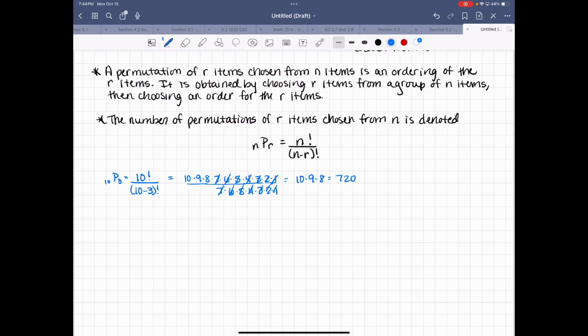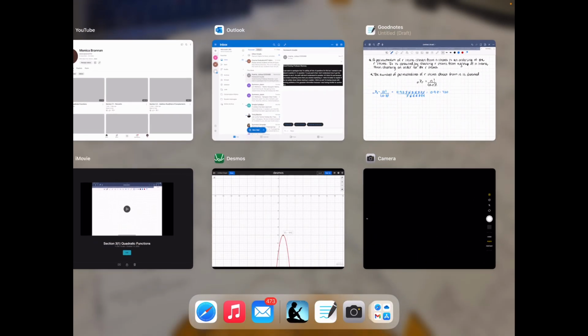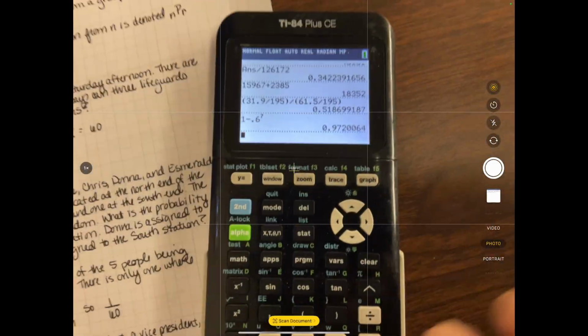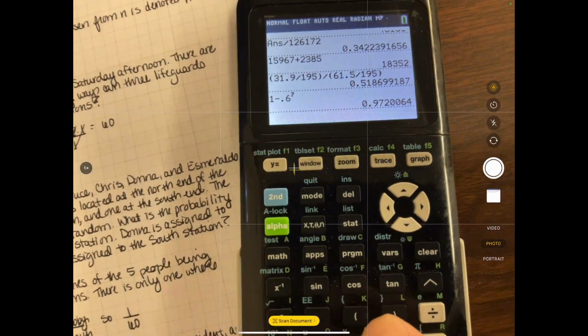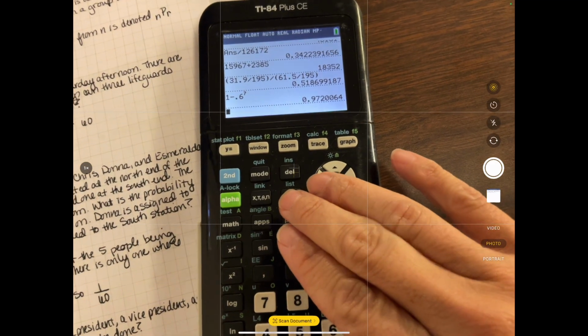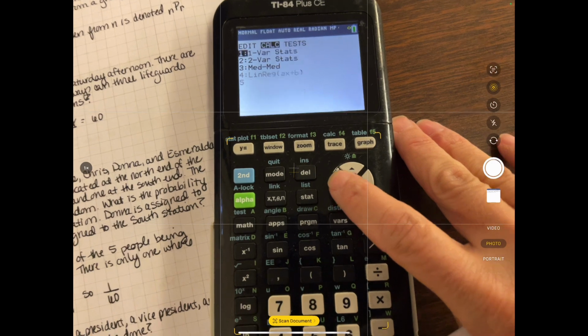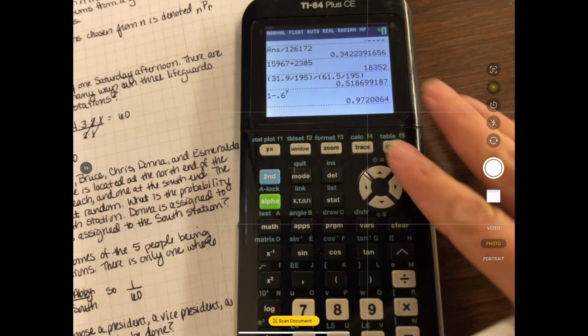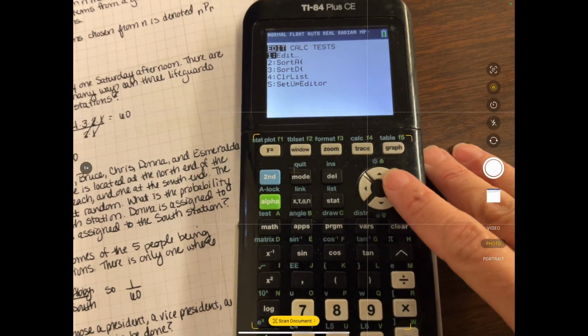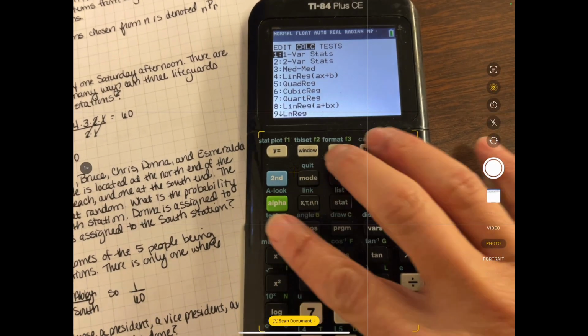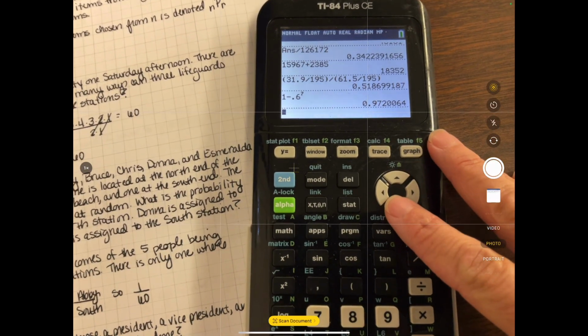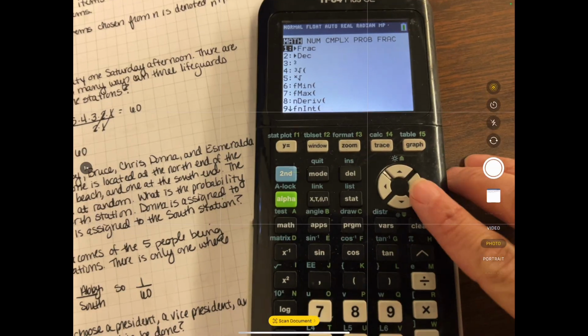If you look at your calculator, go to math.